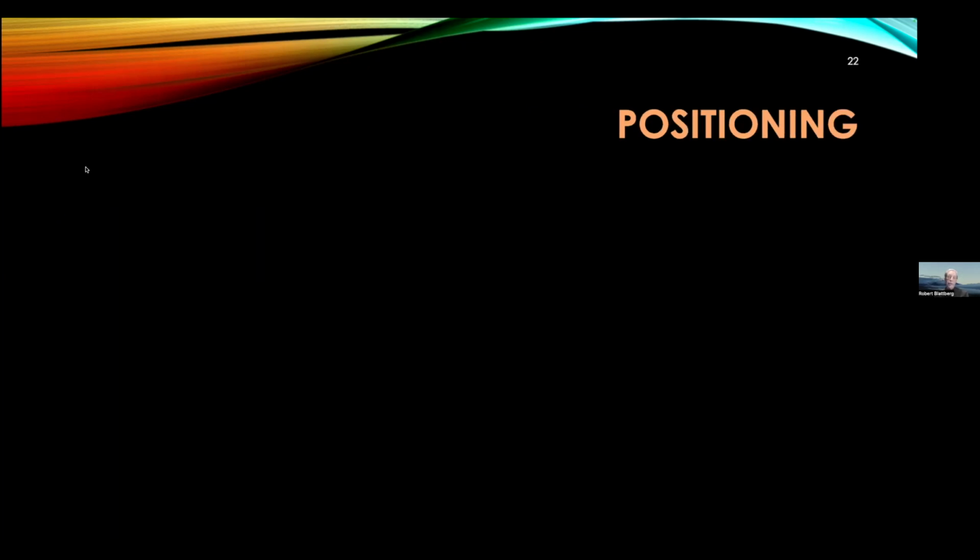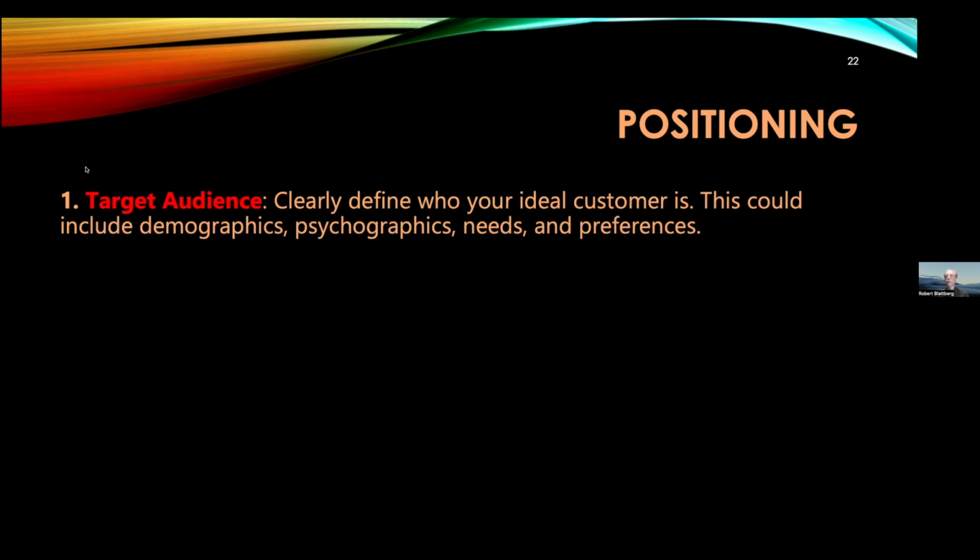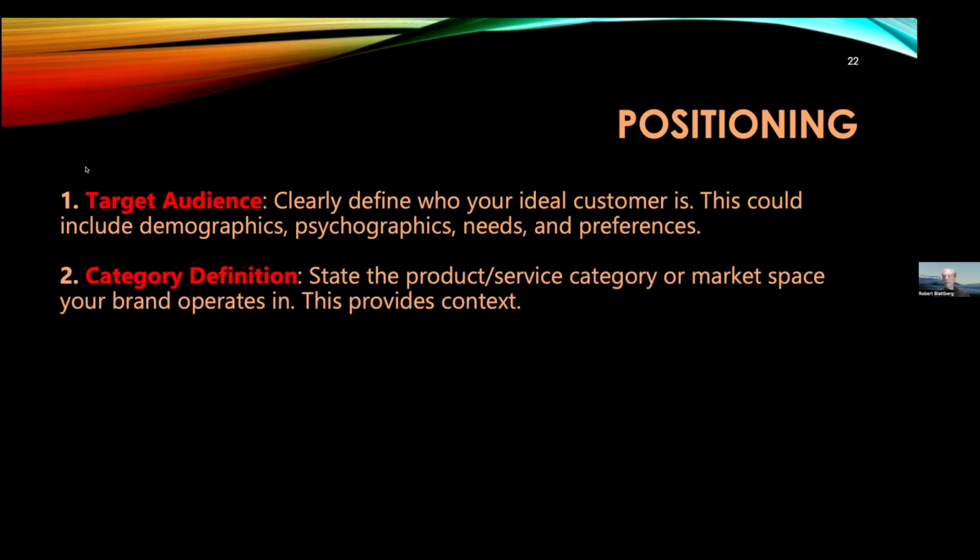So the last topic I'm going to cover is positioning. This is a difficult concept to really get your hands around and very difficult to execute. I've got a 5-step process that I go through when I think about positioning. The first is, who is the target audience? Who is your ideal customer? This could include demographics, psychographics, etc. Category definition, the product or service or category that your brand operates in.